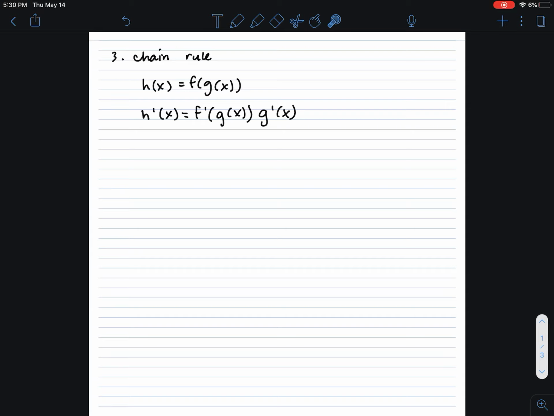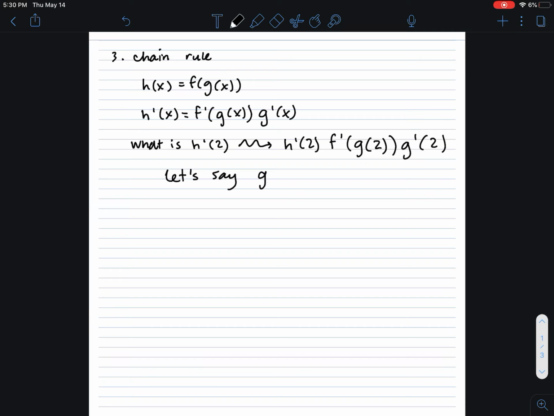Okay? So then if I were to ask you, say, what is h prime of 2? Then h prime of 2 is f prime of g of 2 times g prime of 2. So first you have to figure out what g of 2 is. So let's say g of 2 is equal to 3.